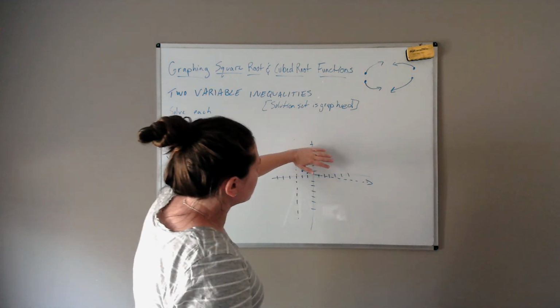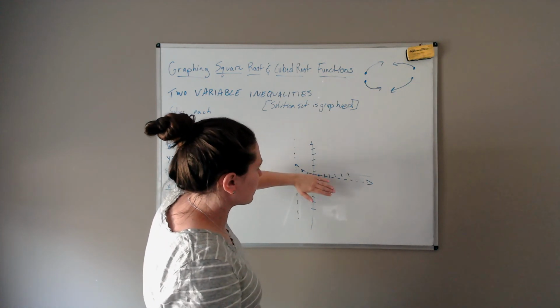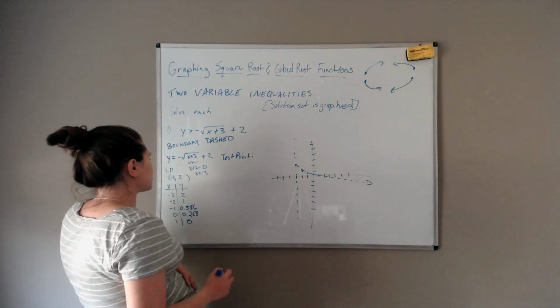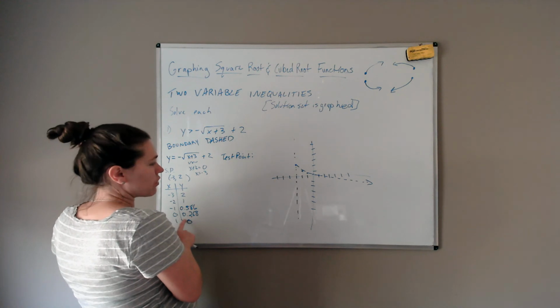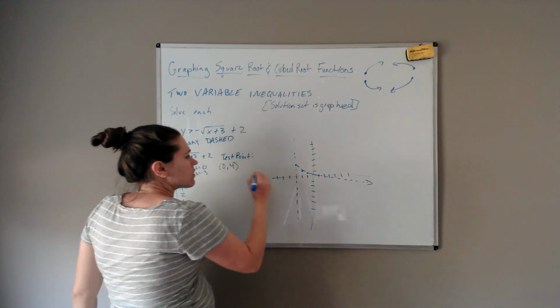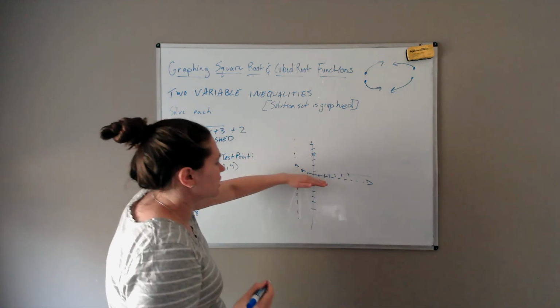So you're either shading everywhere above the boundary or everywhere below the boundary. I can tell 100% that if the point (0, 0.268) is on there, then the point (0, 4) is not on there. And notice, it is above the boundary.